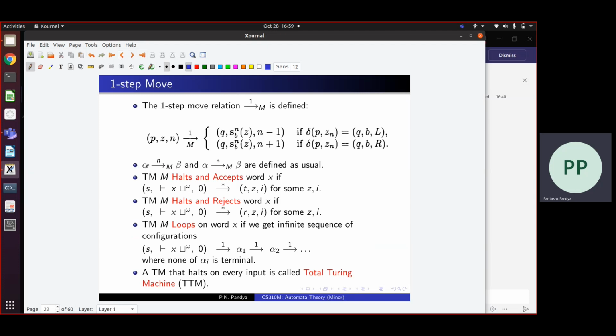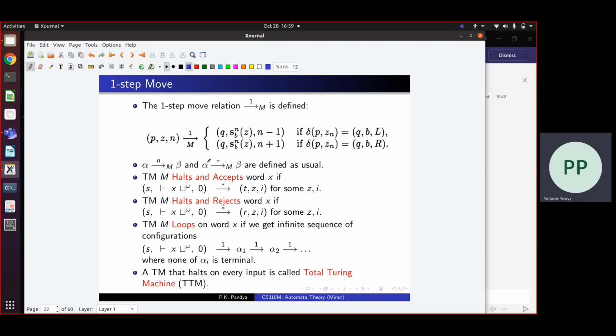Okay, so a few terminologies. Given a configuration for a given Turing machine, in one step we change it to another configuration called B. And we can talk about moving successively, doing one-step moves, and we can talk about configuration beta arising from alpha in n moves. And we can say that beta is reachable from alpha if, starting from alpha, after some finite number of moves you reach configuration beta.